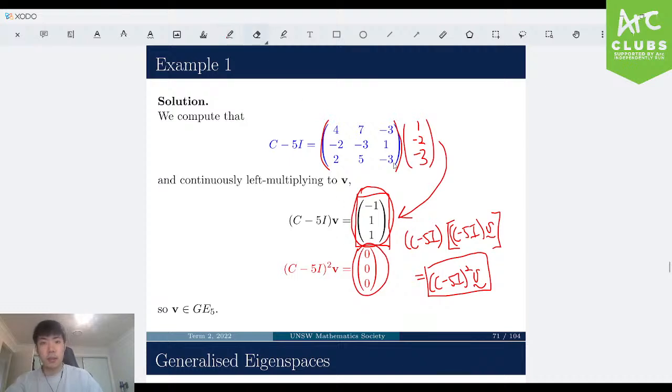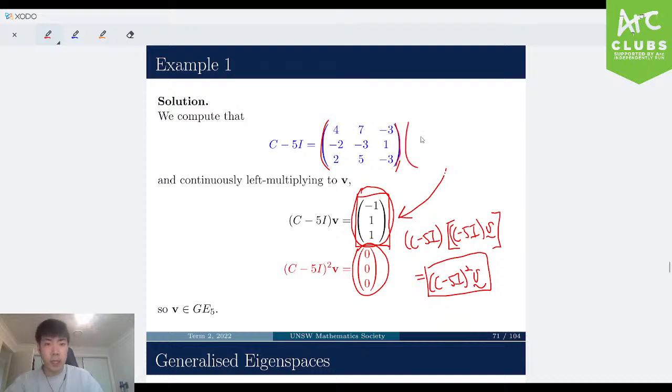Okay, and we can quickly see that that is true, right? So if you imagine we take this matrix times this vector, well, then the first value in the vector will be minus 4 plus 7 minus 3, which is 0. Second value will be 2 minus 3 plus 1, which is 0 again.